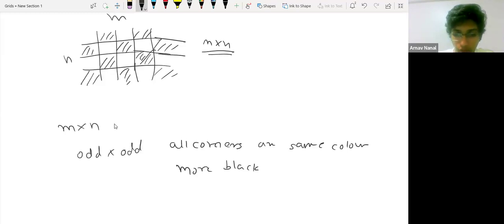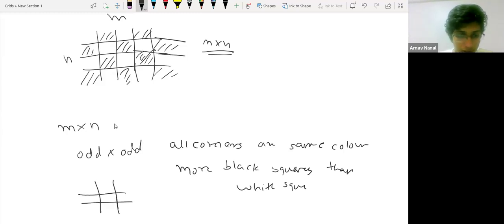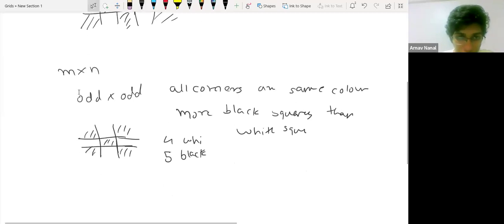That depends, if you color the corner white you get vice versa, but basically there's an imbalance. Like you can see if it's a 3 by 3 grid, there are 4 white squares and 5 black squares. That is obvious because it's 2n plus 1 cross 2n plus 1.